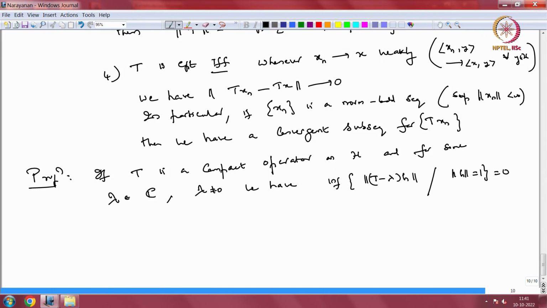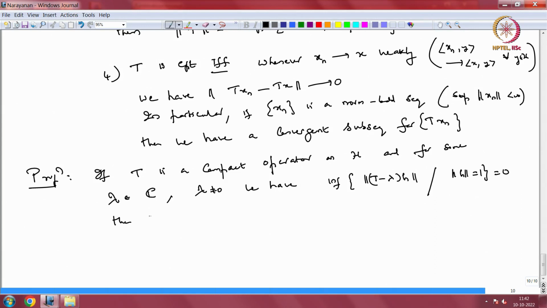If that infimum is 0, of course, if lambda is an eigenvalue, which we already know, let us say, then there is a vector h naught such that T h naught equal to lambda h naught, and h naught I can take to have norm 1. Then this infimum is already 0, right. We are saying if the infimum is 0, then we do not know if any element is 0, but even then we can say that lambda is an eigenvalue, provided that we have a compact operator.